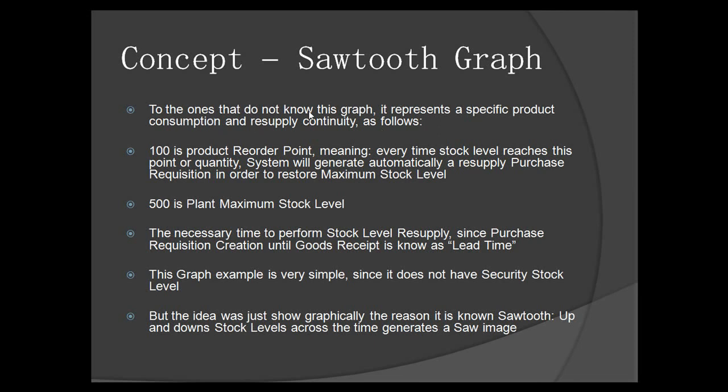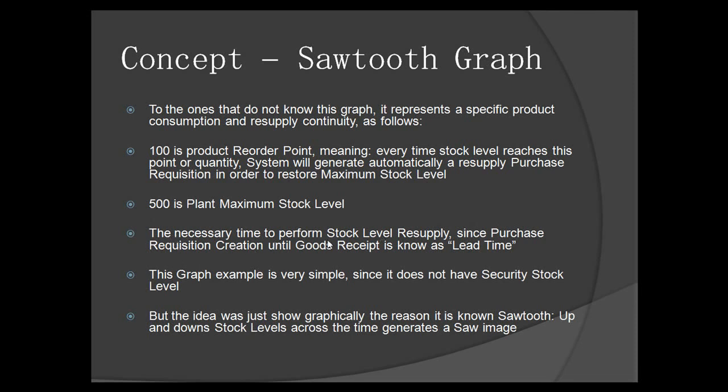To the ones that do not know this graph, it represents a specific product's consumption and resupply continuity as follows. 100 is the product reorder point, meaning every time the stock level reaches this point or quantity, the system will generate automatically a resupply purchase requisition in order to restore the maximum stock level. 500 is the plant maximum stock level.